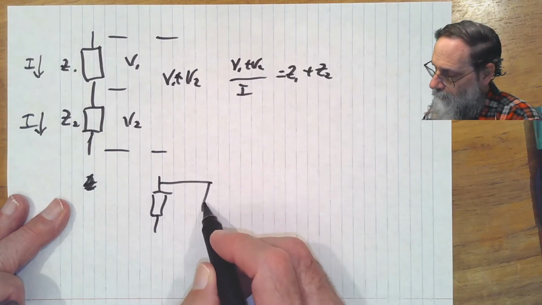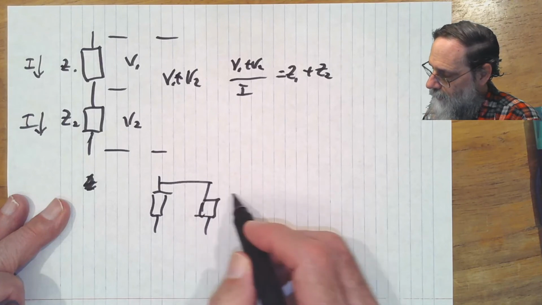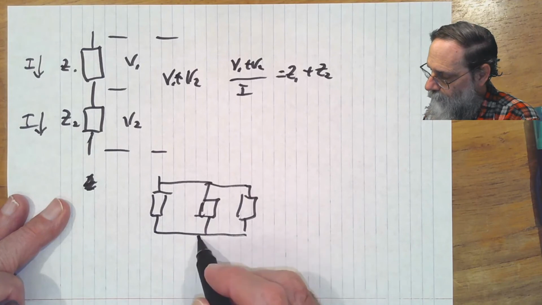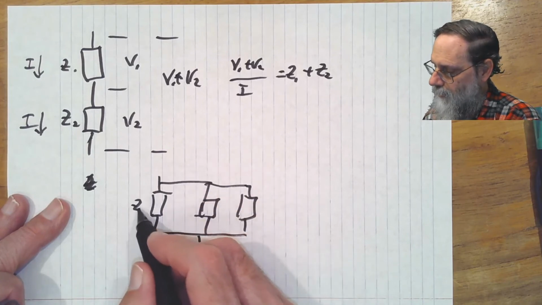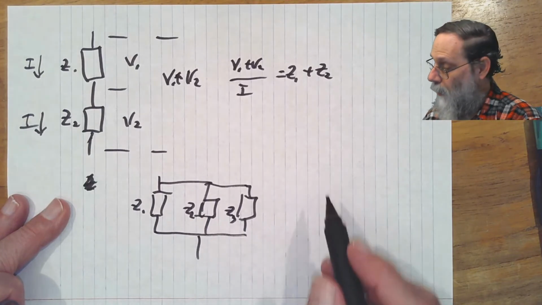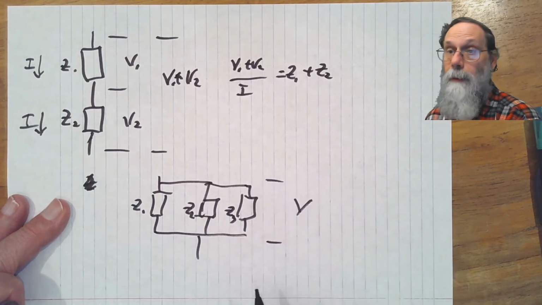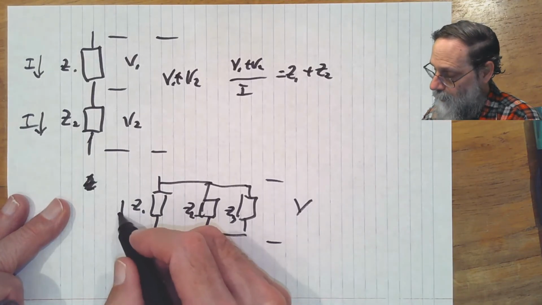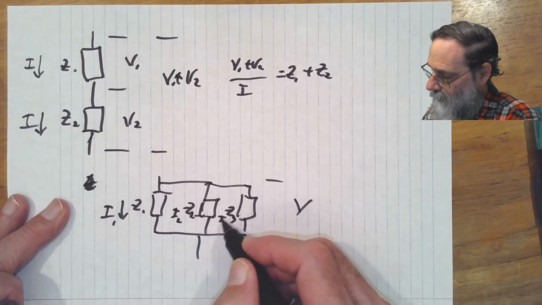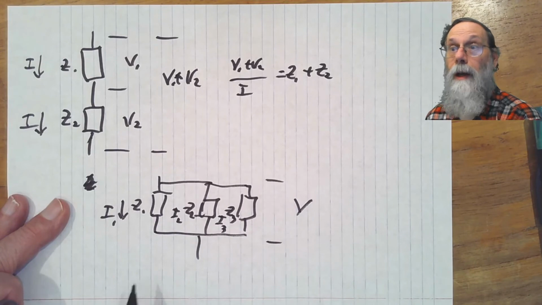And similarly, if we've got a bunch of impedances in parallel, Z1, Z2, Z3, we're going to have the same voltage across all of them. We will have currents I1, I2, I3.